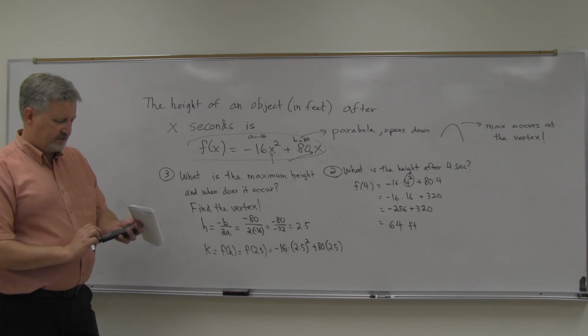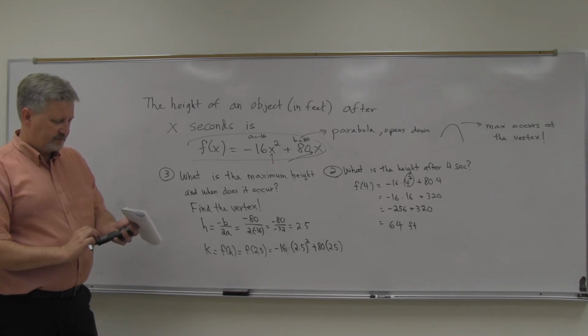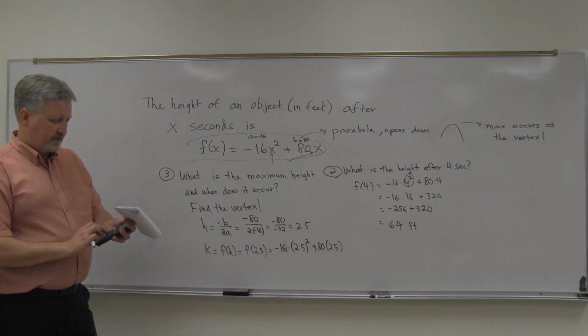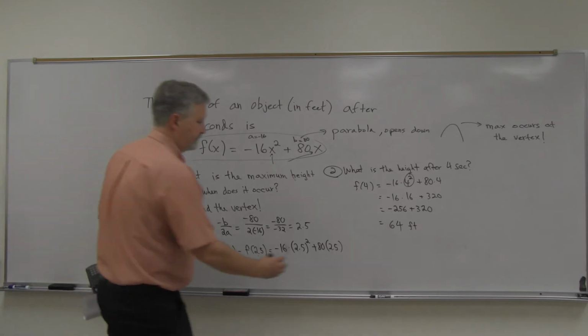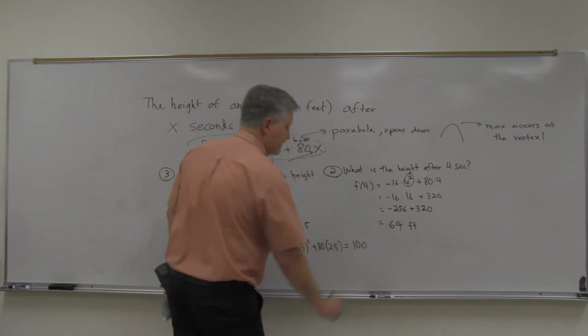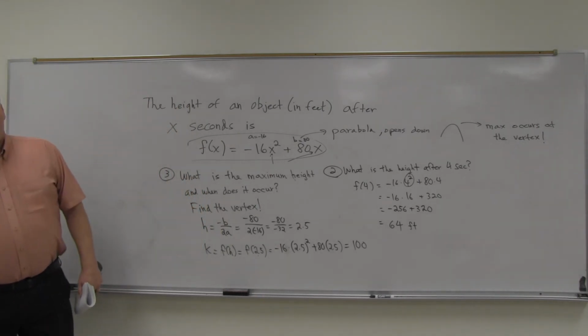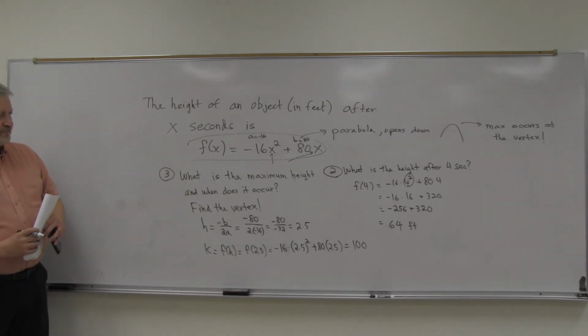Really just punch it in, but do it various ways. Here's what I get. We get 100. So the vertex is 2.5 and 100.